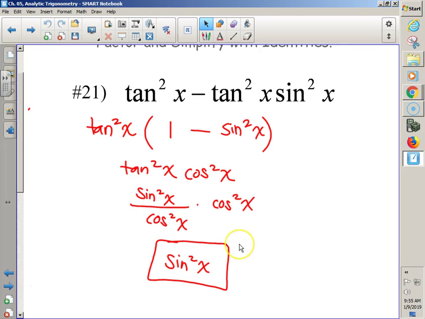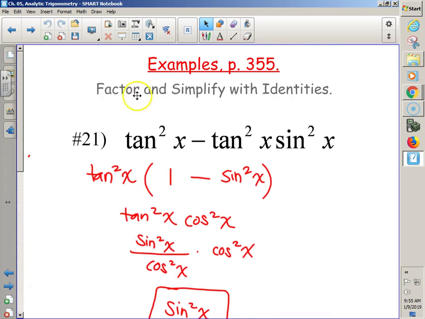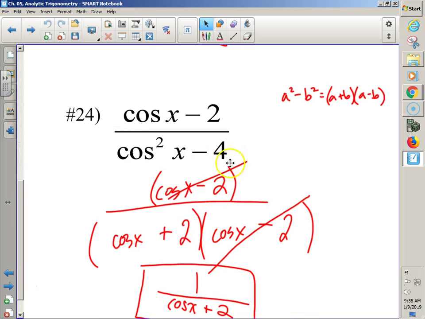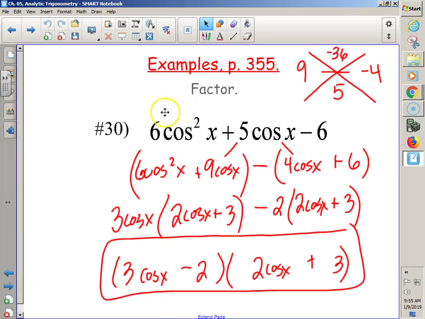I've given you a little bit of hope that in section 5.2 you'll be given the picture to the puzzle so you'll know where to head, which can be good and bad all at the same time, and you'll learn that as we go. But in 5.1, we're just learning how to follow the directions, aka what we can do to trig expressions. We can factor, oh, a GCF. We can factor, oh, a difference of squares, and that helps. We can factor, oh, it's a trinomial.